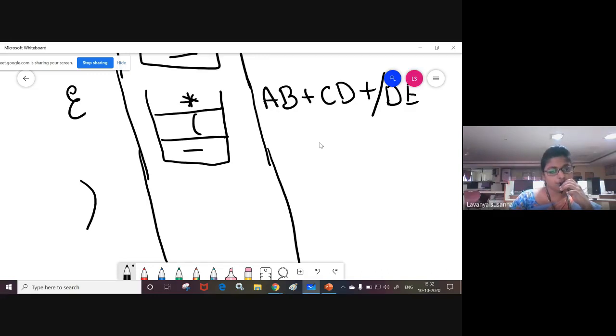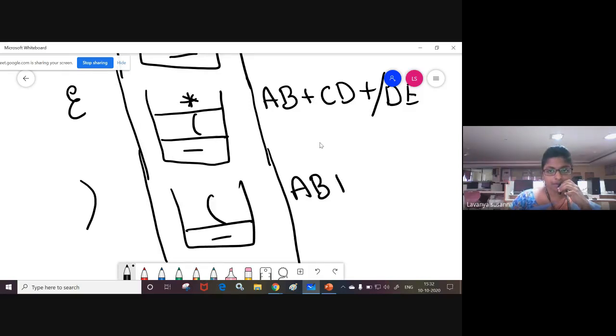If you got closed bracket, you need to pop the topmost elements one by one and add them to the postfix array until you get the open bracket. What is the topmost element? Star symbol. Delete it: A B plus C D plus divided by D E star.